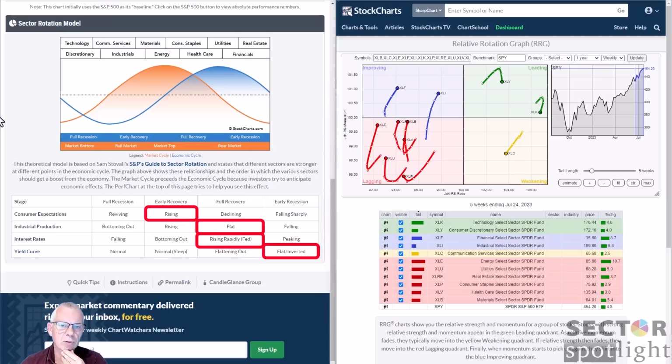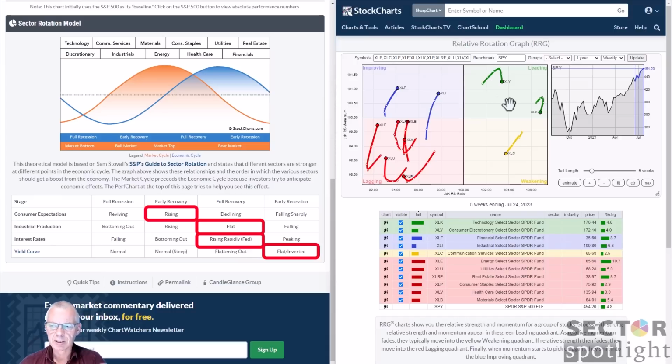Now, as I told you, this is a pretty long-term model, and since we now have access to the monthly RRGs, I'm going to use the monthly tails to make an assessment of the rotations that we want to align with that sector rotation model.